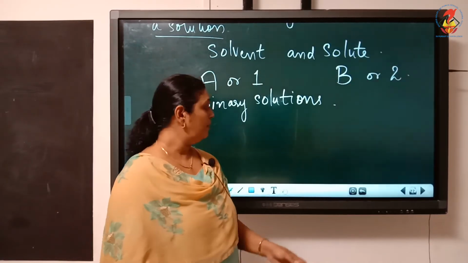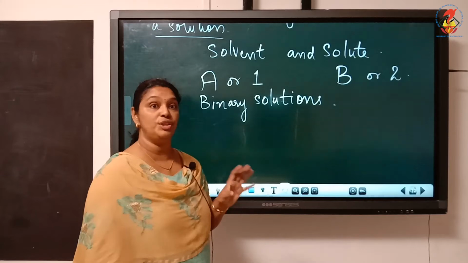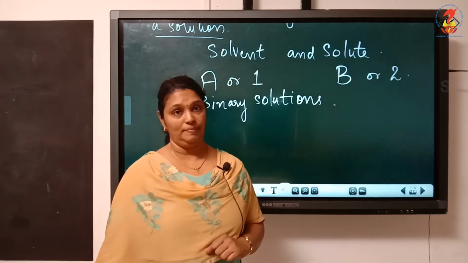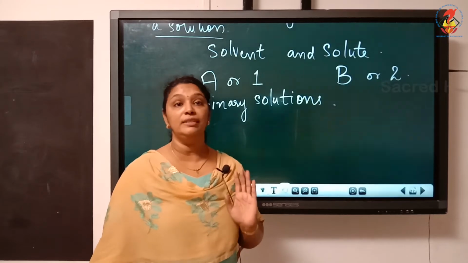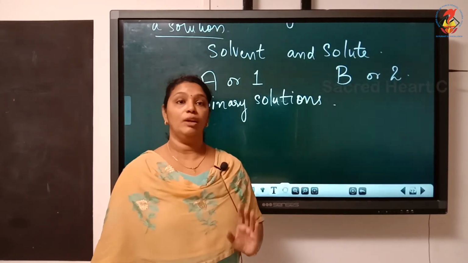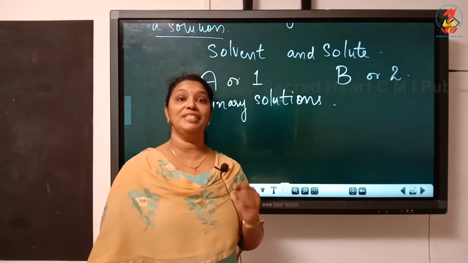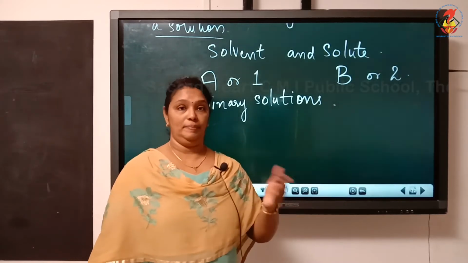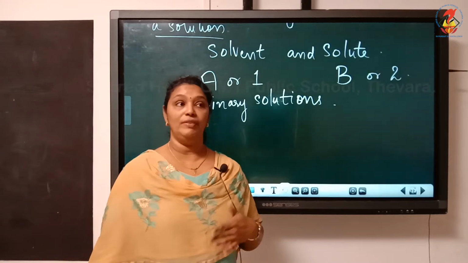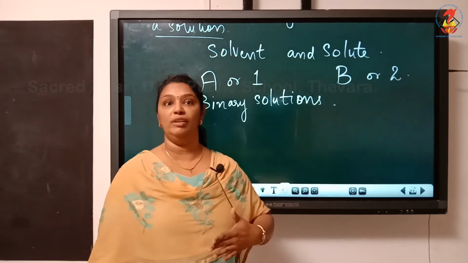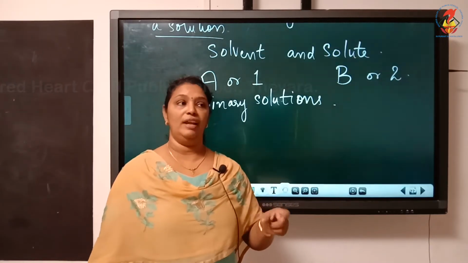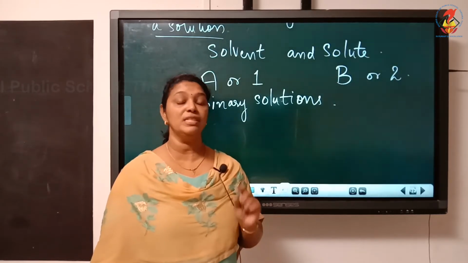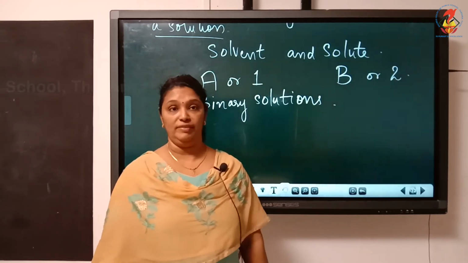So, we are going to discuss expressing the concentration of a solution. Now, there are 5 important terms to express the concentration of a solution. When we study these concentration terms, we always have a solute and solvent in that solution. And we are going to deal only with binary solutions. Binary means one solute and one solvent.